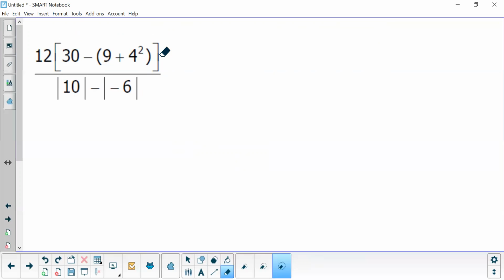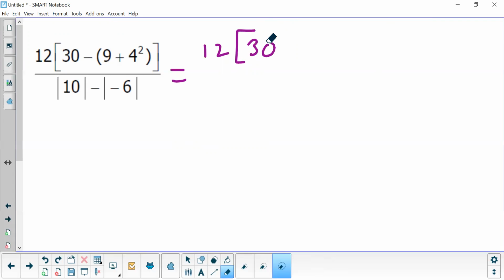Again, we want to fully simplify the top before we divide by the fully simplified bottom. So again, grouping symbols come first. So in the top, I'm going to carry over that 12 because that's not in the grouping symbols. But I have grouping symbols within grouping symbols.